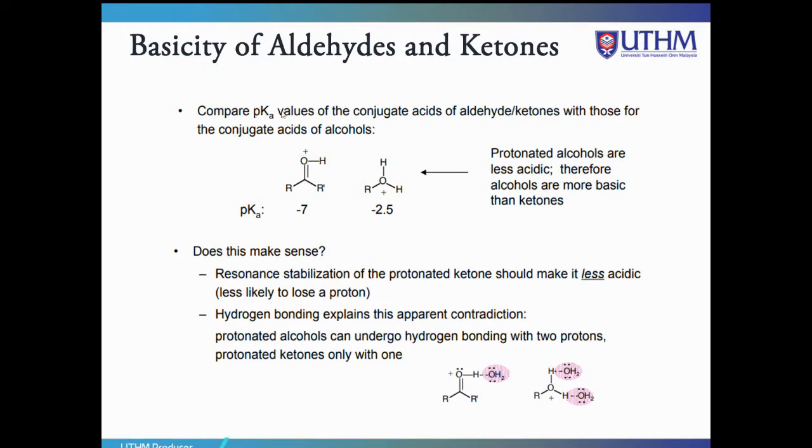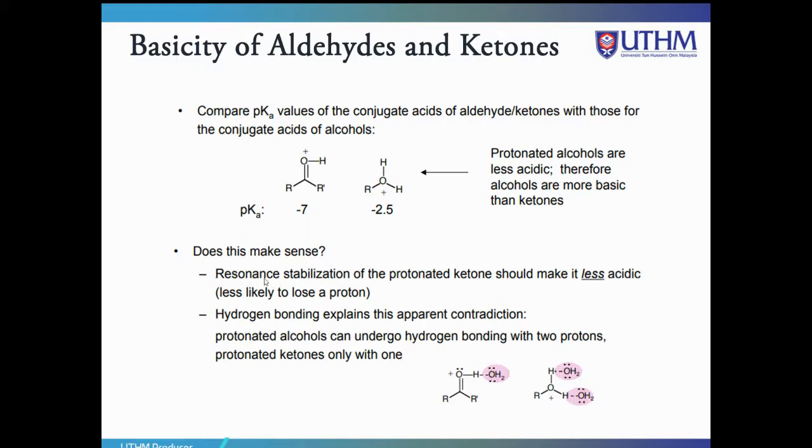Compare the pKa value of the conjugate acid of aldehyde and ketone with that of the conjugate acid of alcohol. The values are -7 and -2.5 respectively. Protonated alcohols are less acidic. Therefore, alcohols are more basic than ketones. Does this make sense?